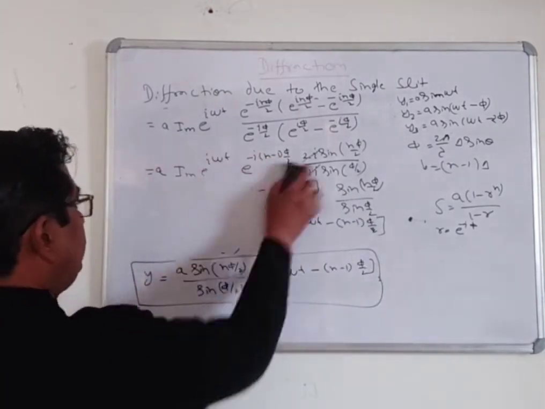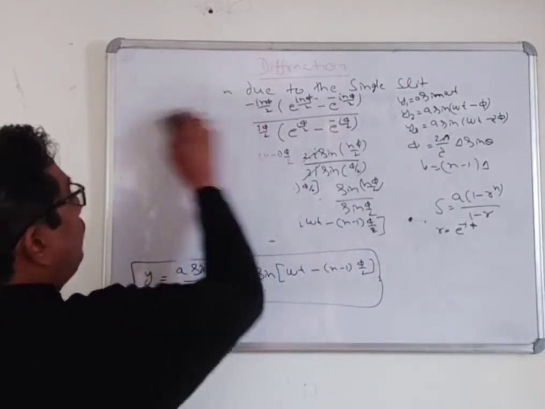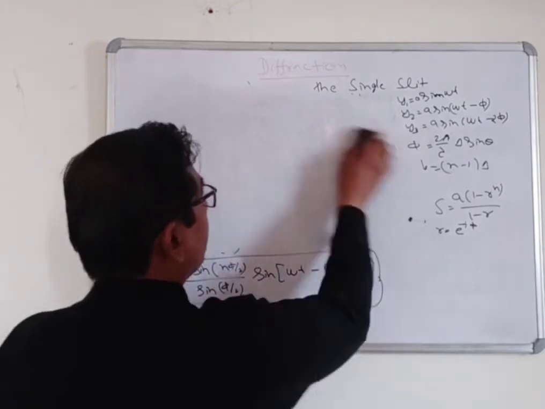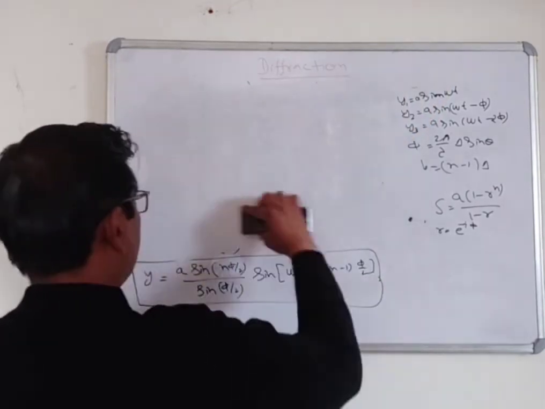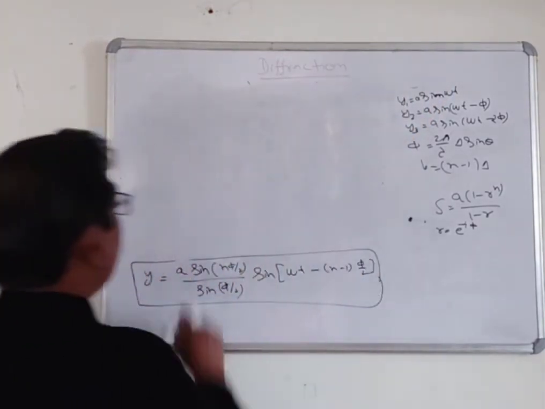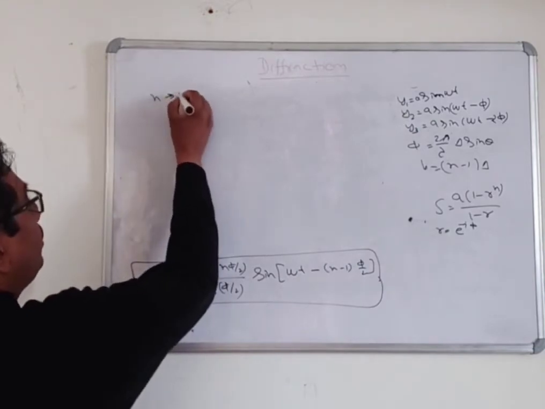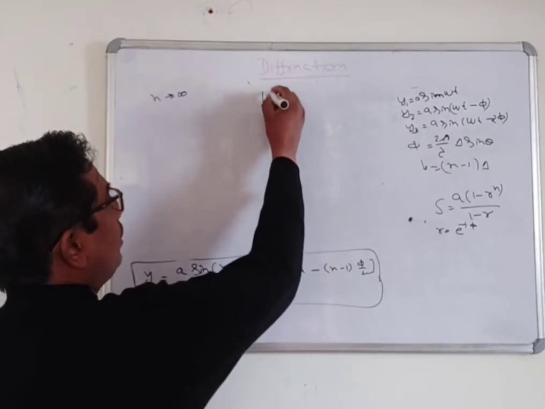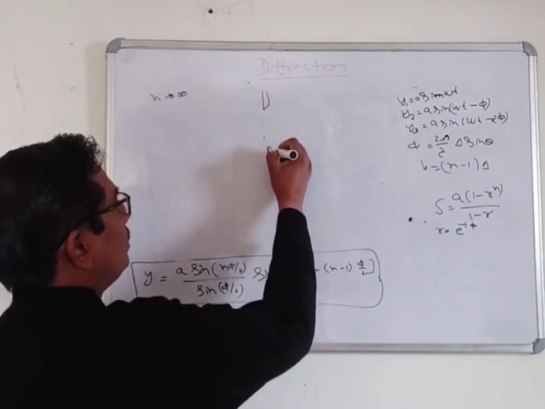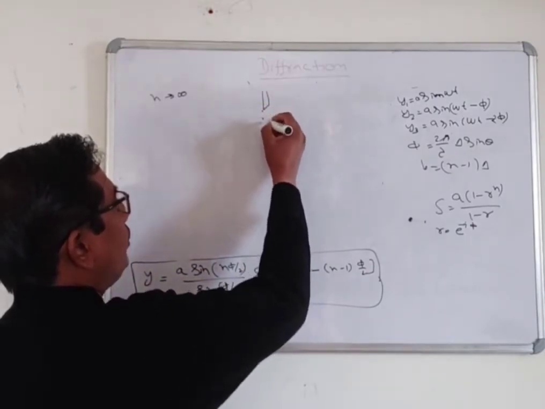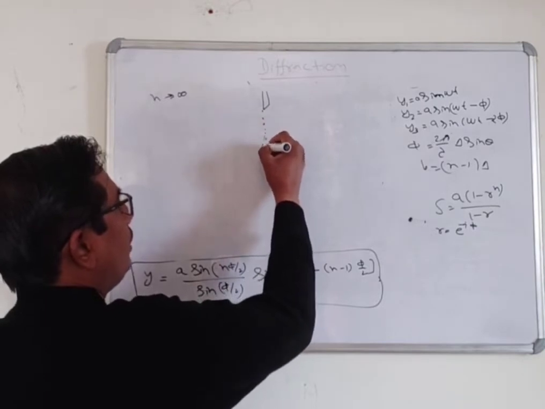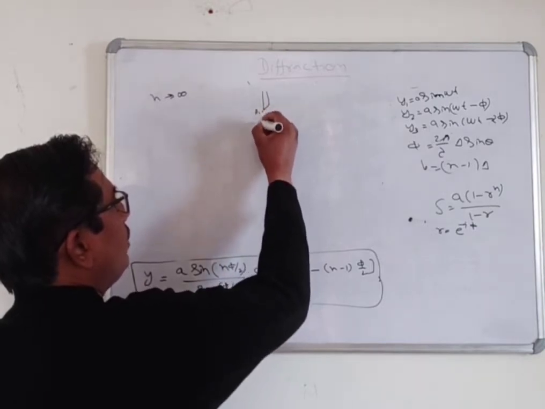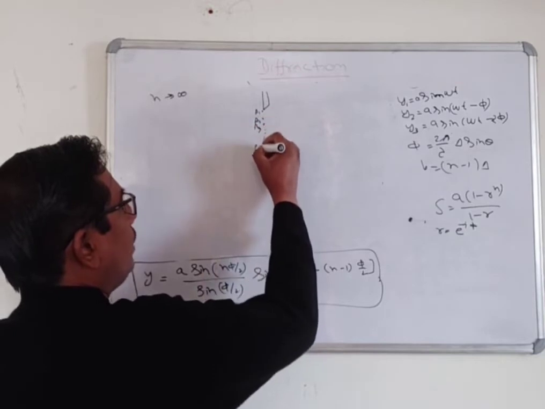Now, all of you know very well, suppose the number of sources n will be infinite. It means that here you can see a1, a2, a3 up to an.